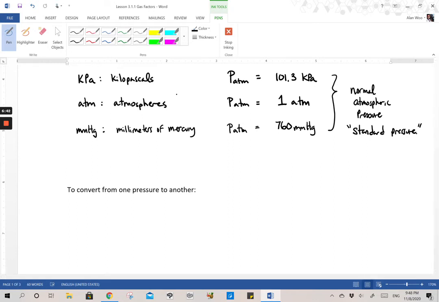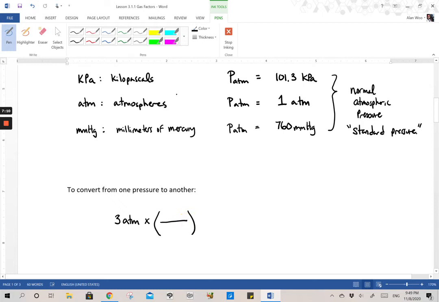Let's say I have 3 ATM, and I want to know exactly how much that is in kilopascals. Here's the idea. Because I know that 1 ATM is the same thing as 101.3 kPa, I can use that as a conversion factor.